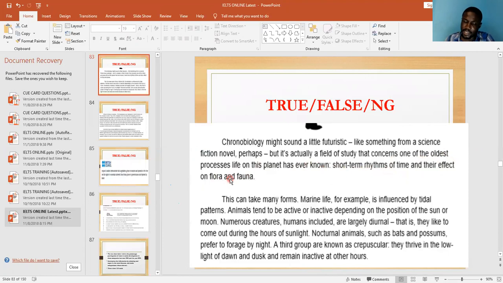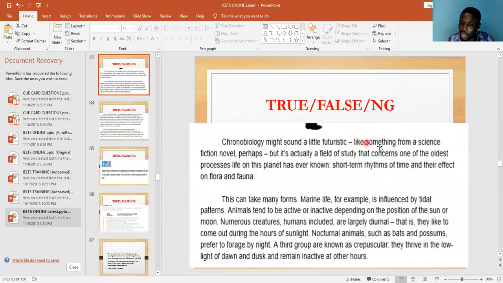What is this paragraph trying to do? It is trying to define chronobiology, the definition of chronobiology. Chronobiology might sound a little futuristic, but this is where it started the definition: short time reading of time and their effect on fauna and flora.